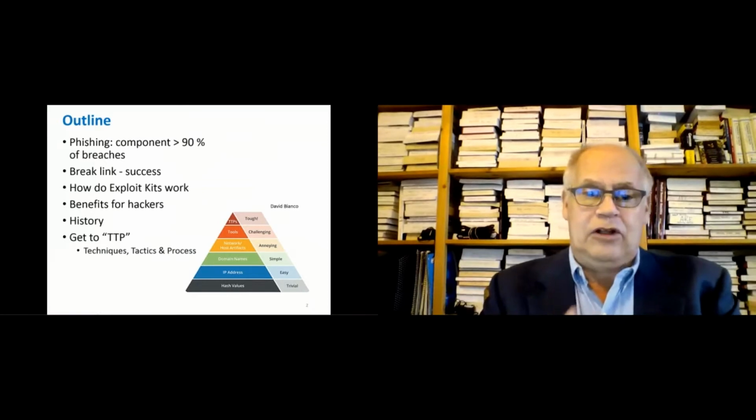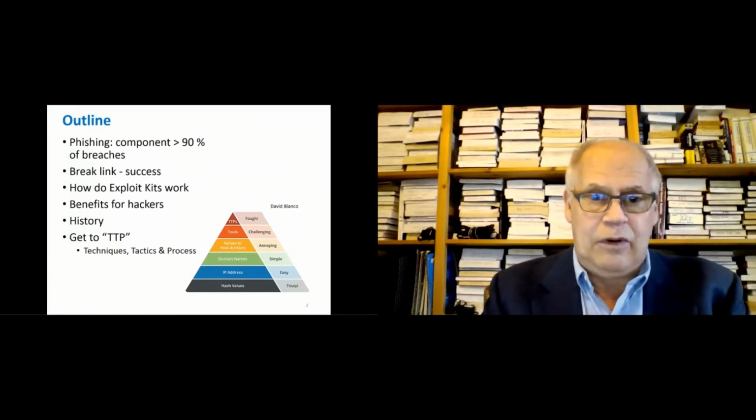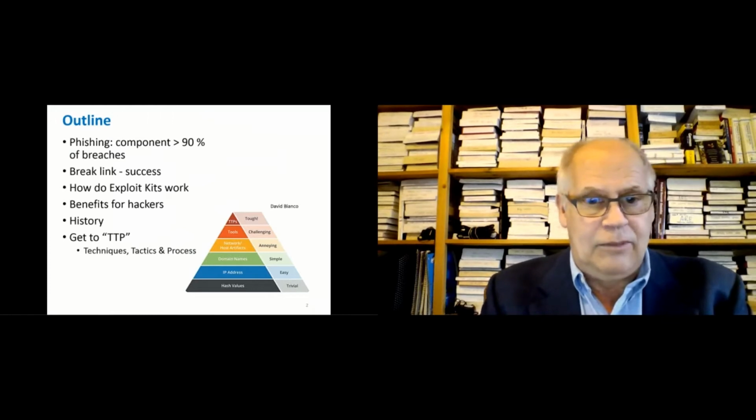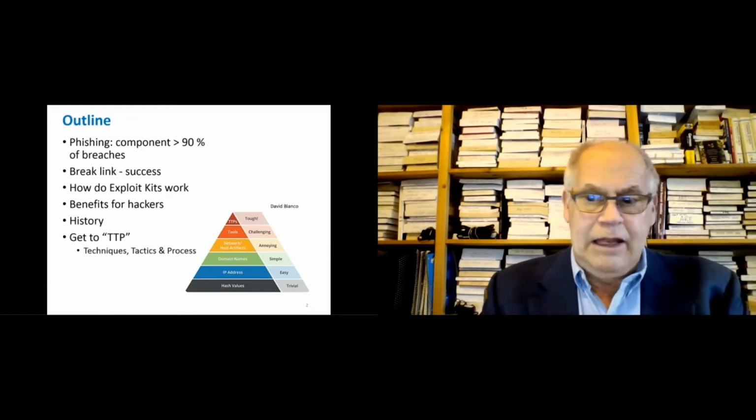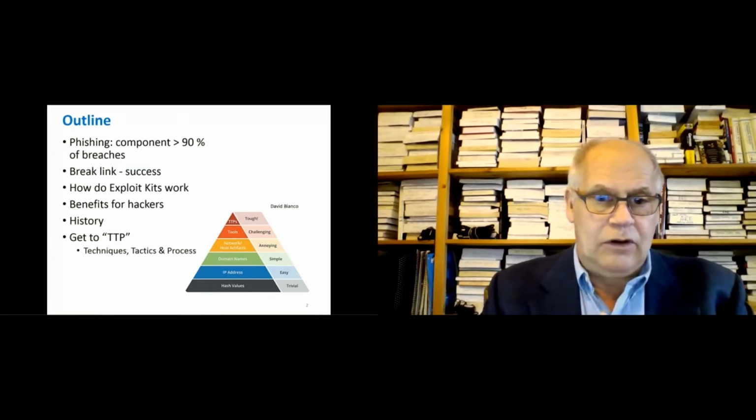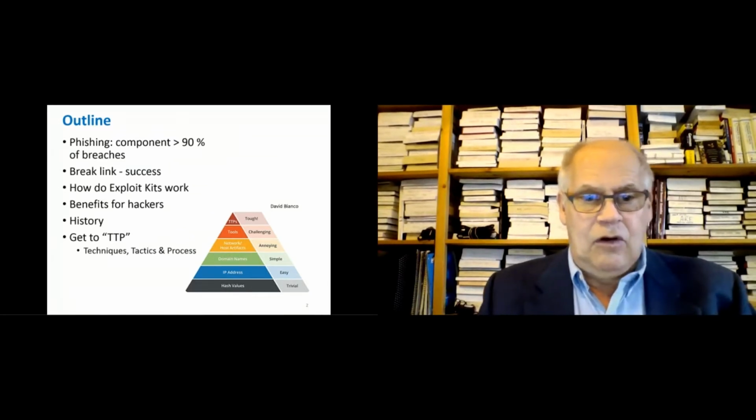The outline of what I'm going to talk about here is phishing is actually really important. It's a major component, according to SANS, in over 90% of breaches. And when we're looking at defending, we actually only have to break one of those links in order to be successful. So one of the things we need to do is understand how an exploit kit works.